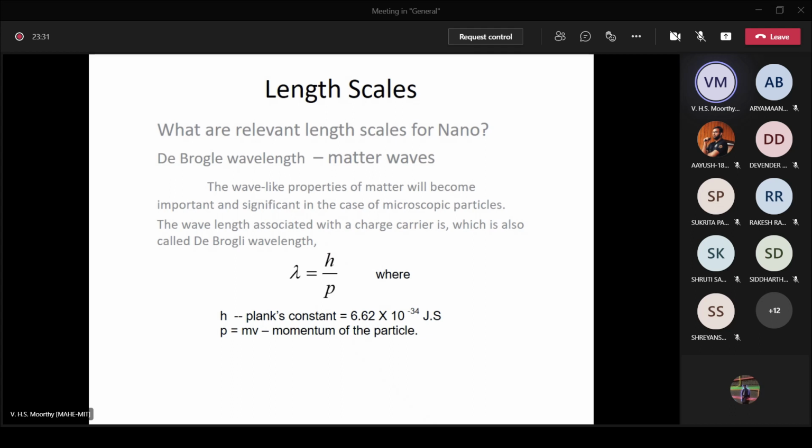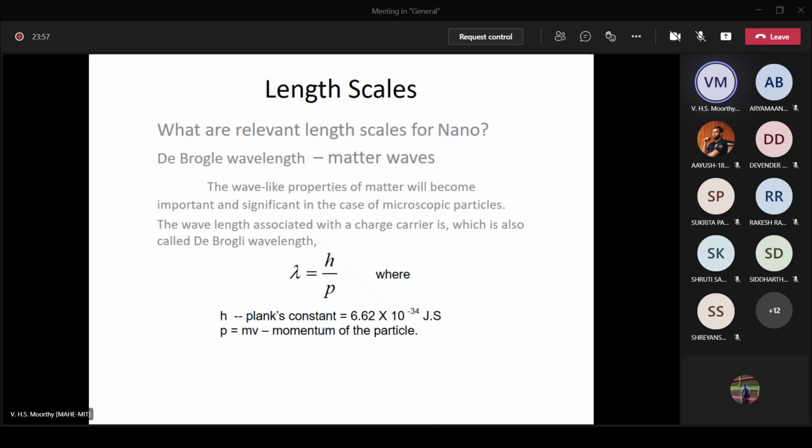It neither fully follows classical mechanics nor fully quantum mechanics, but it starts following quantum mechanics, and we can give more of a quantum mechanical description. That type of sizes or dimensions of the particles is called length scales.